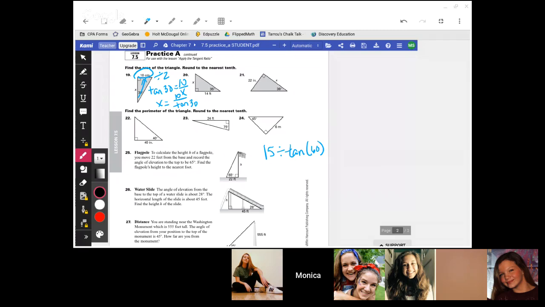And then hit enter and tell me what you get. Are you closing the parentheses when you do it?